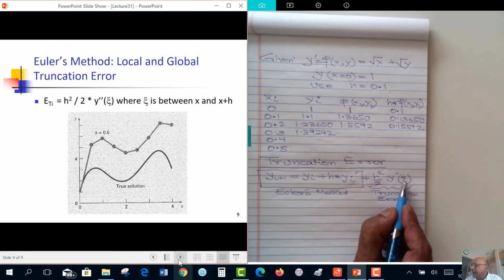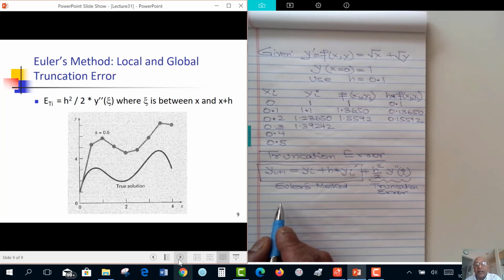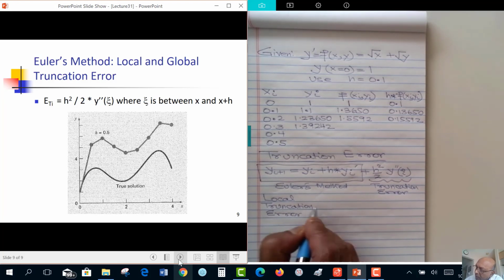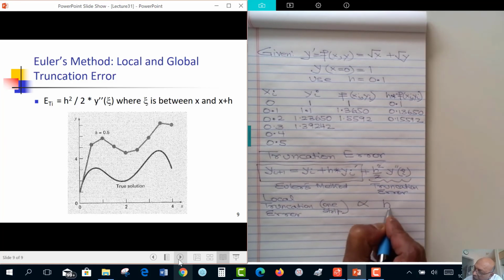What is zeta? Zeta is somewhere on the strip. We don't know where. So we just need to take the error bound. So what we are saying therefore is our local truncation error, which is one strip, is proportional to h square.